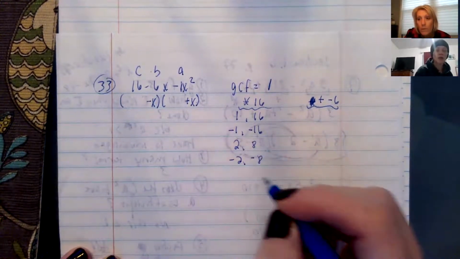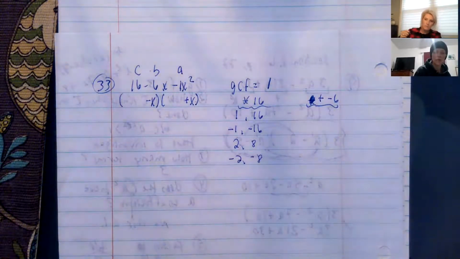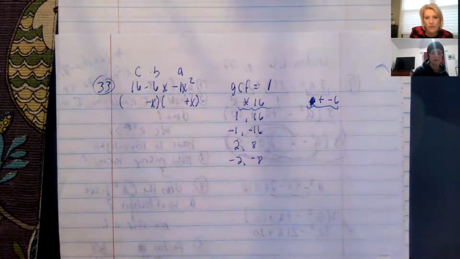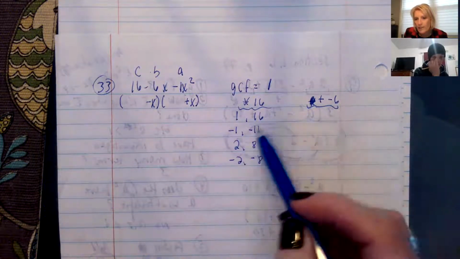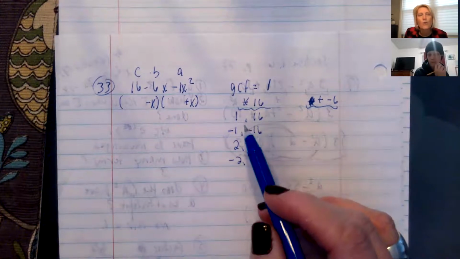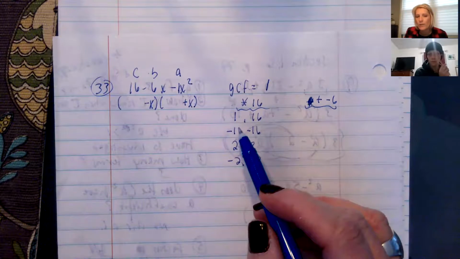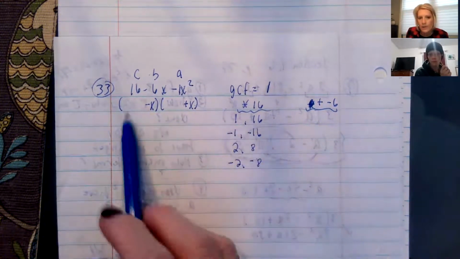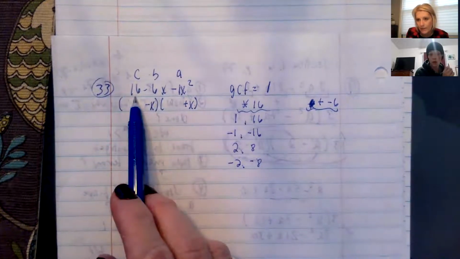How do you know if it's both positive, both negative? When can you only do negative, and when can you only do positive? Well, you really could always do both and then just add them up. I think once you become more fluent and comfortable with the strategy, you will start to notice, I know it has to be both positive or both negative because I have to multiply to be a positive.